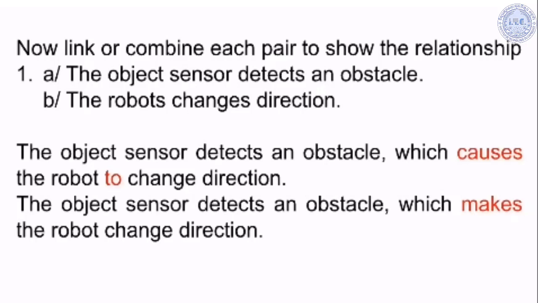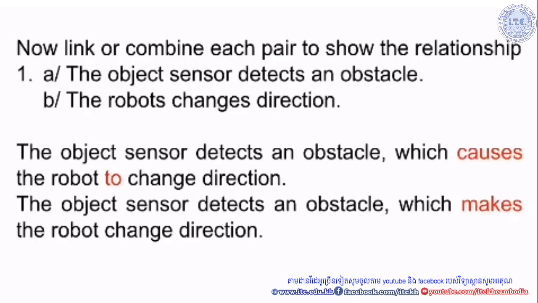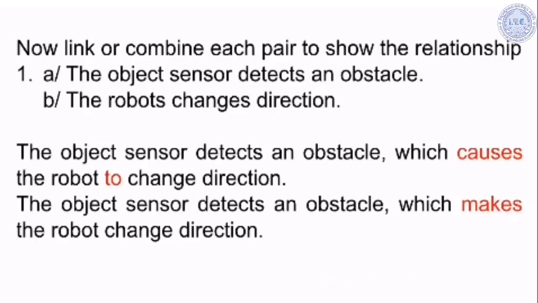The object sensor detects an obstacle, and then you use a comma to put the other sentence together, but it has a different meaning. So you put a comma and then which causes the robot to change direction. You see the two sentences on the top. Now we combine them, we link them together to make one sentence.